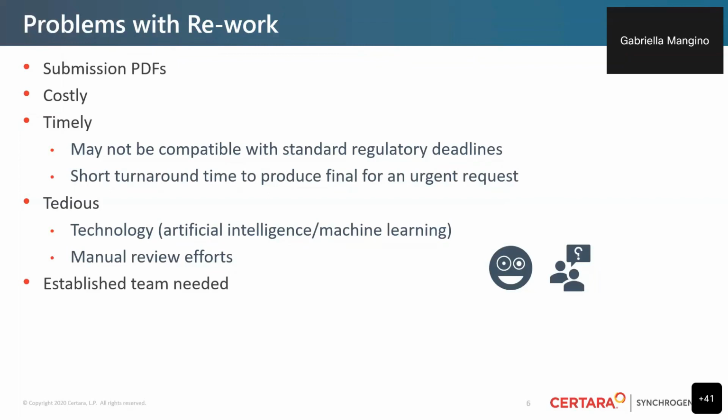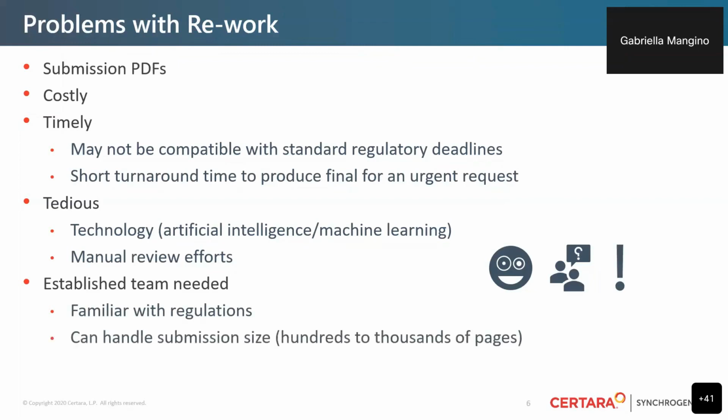And it is a team that is not only familiar with the regulations and is up to speed on what the requirements are and the timelines behind meeting requirements and staying compliant, but it's also a team that can handle and manage submission size, which is usually very large and could be applicable to multiple different drugs at the same time, multiple different submissions you need to be working with. So it's a team that needs to have the resources in place and also the knowledge and expertise in place to support this work.